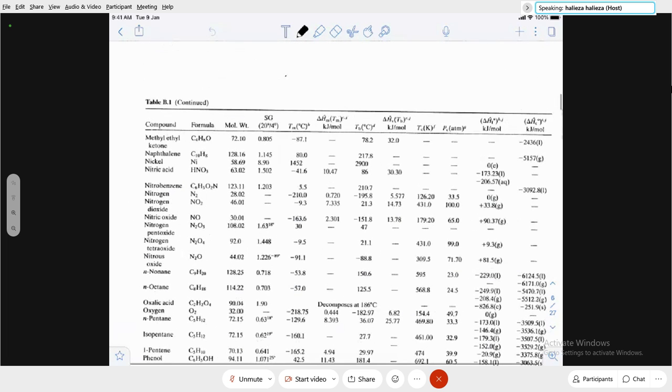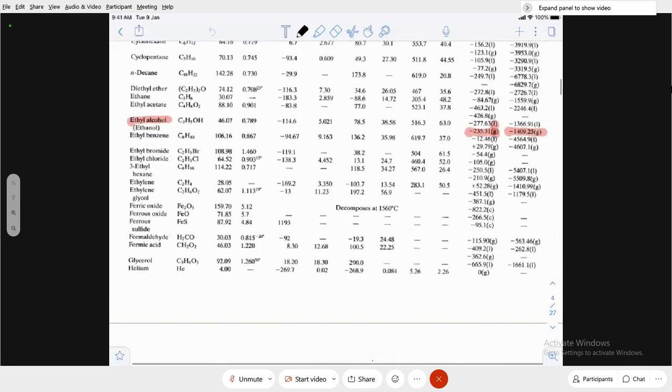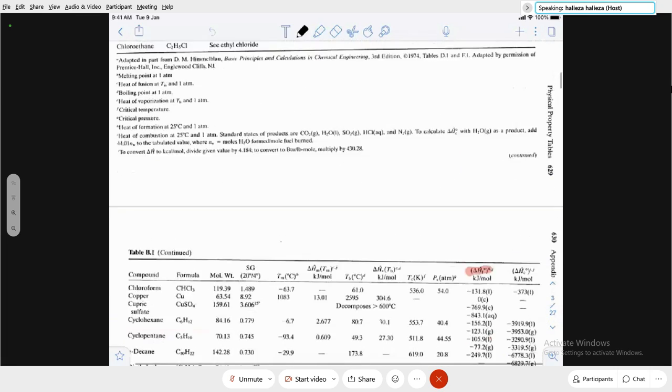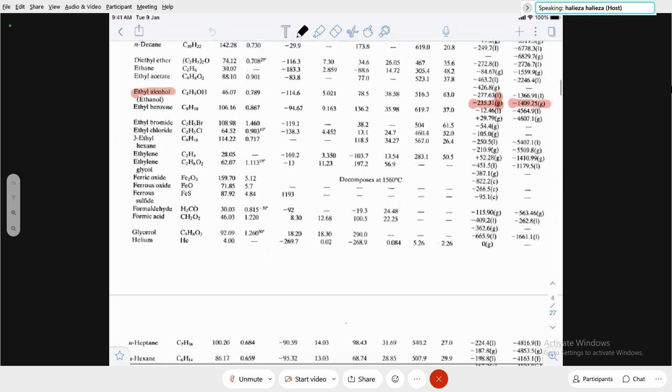We need formaldehyde. Where is F? Yeah, there is formaldehyde here. The heat of formation for gas, in fact there's only one listed, minus 115.90.